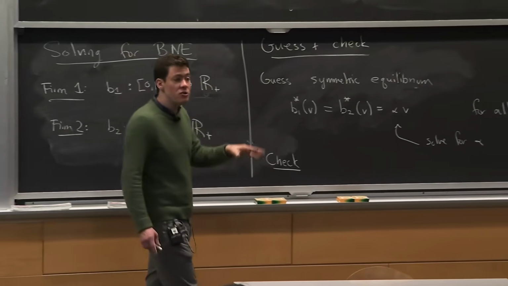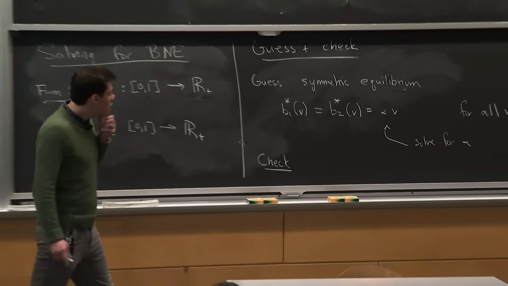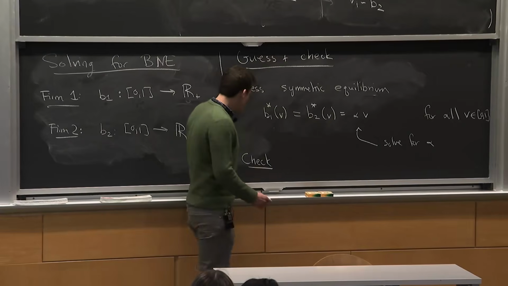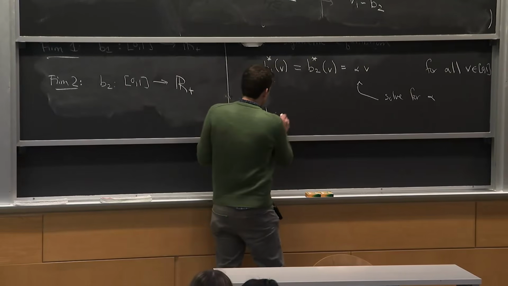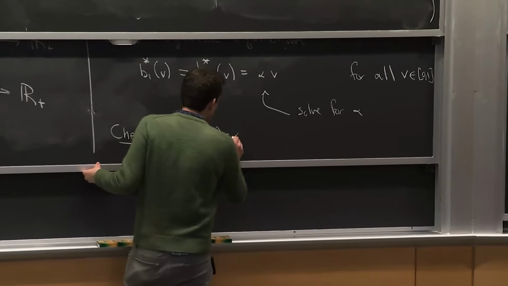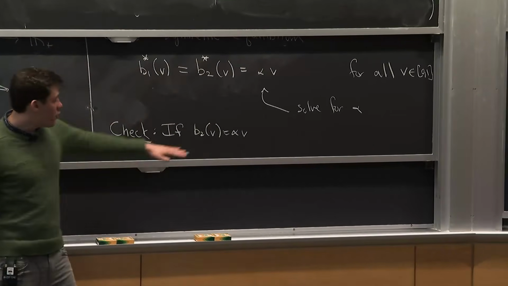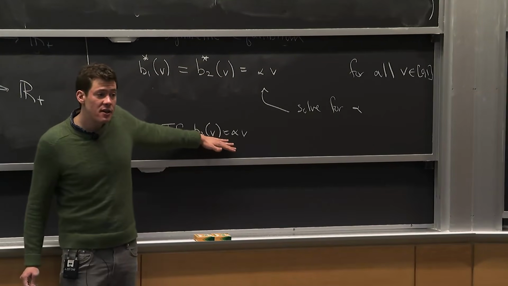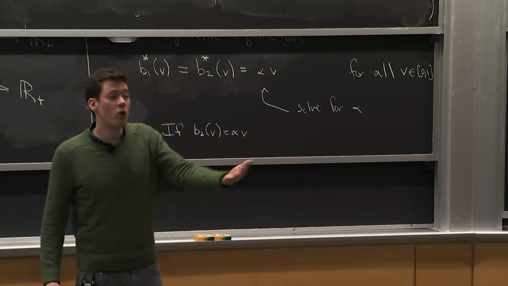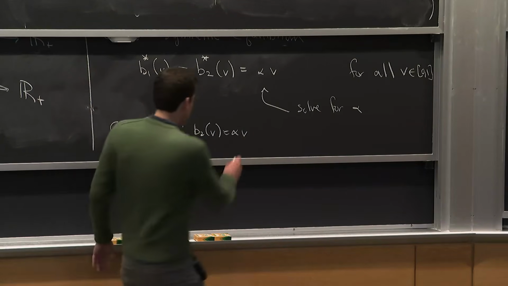We're not restricting them to using linear strategies. So the way we check this is we want to check if B2 of V equals alpha V. So if bidder 2 is following this strategy, then the best bidding strategy for bidder 1 is also alpha V.